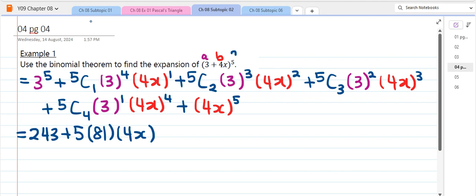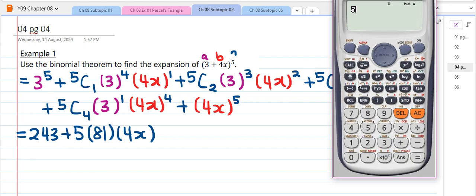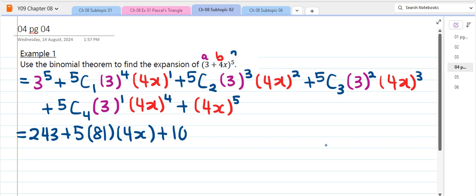The next term, 5C2. 5C2 is a 10, so plus 10. And 3 to the power of 3 is 27, and 4x squared is 16x squared.